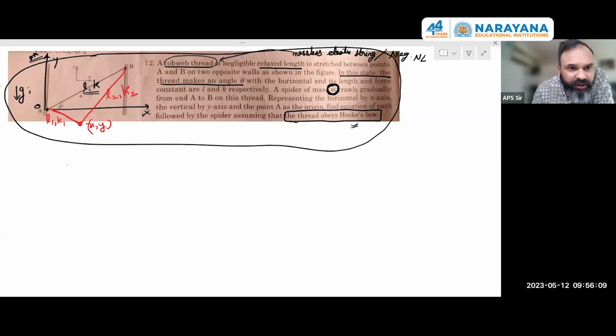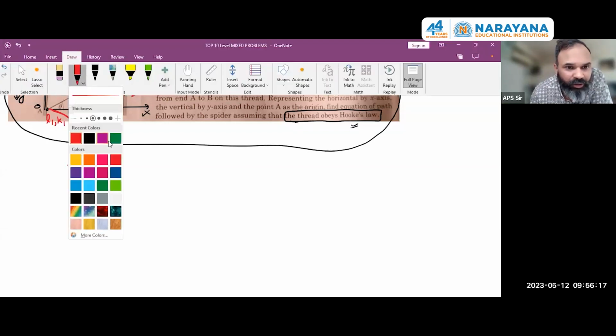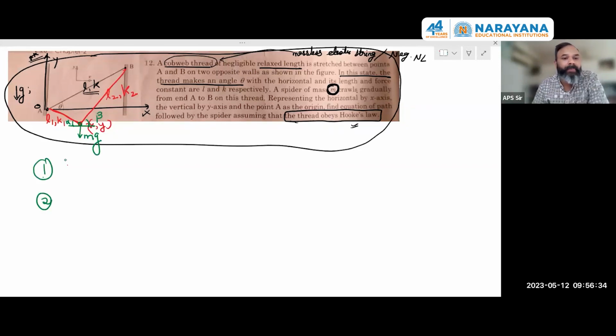I know the coordinates. Now, I will take some angles, alpha and beta, to start the problem, and then we'll see how to approach. So I'll presume that this angle here is alpha, and this angle here is beta, and this guy is sitting here, so he has weight mg. Because he's crawling slowly, the Newton's law equations are very simple.